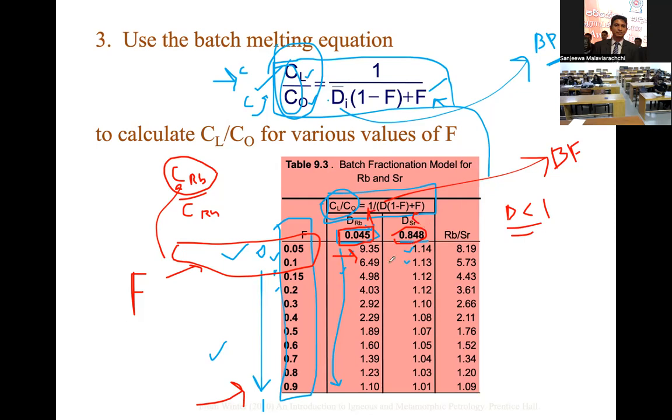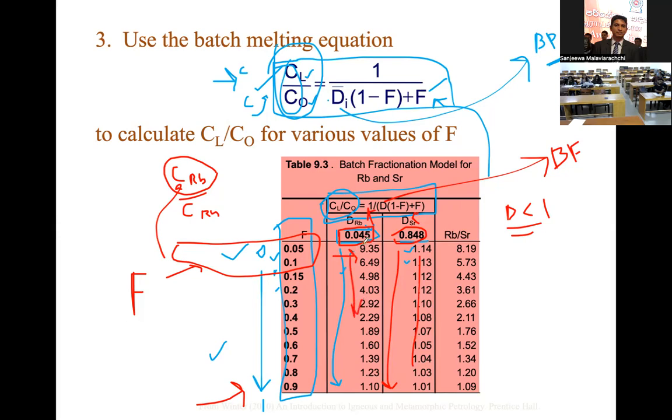But for this particular situation, you can see the changing behavior of strontium compared to rubidium: 1.14, 13, 12, 12, 10, like that. Very little change only. Everywhere you see the 1. But here, it's very different.